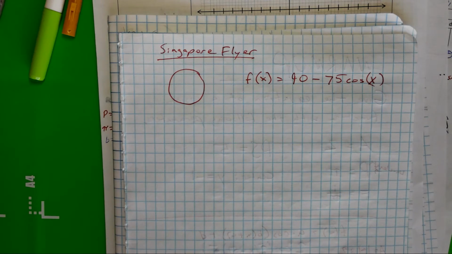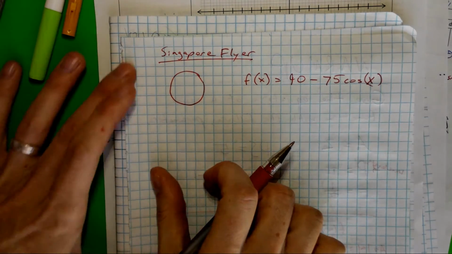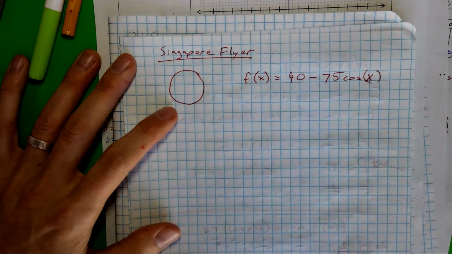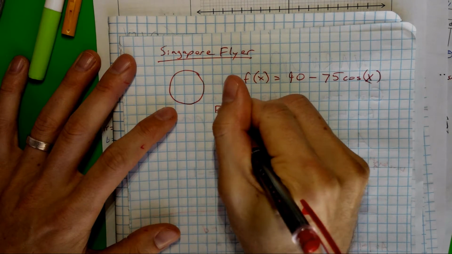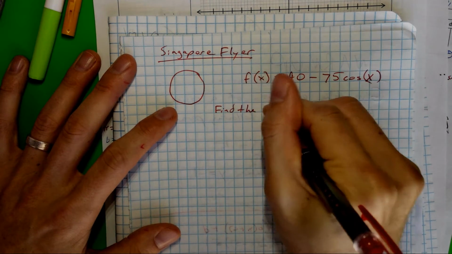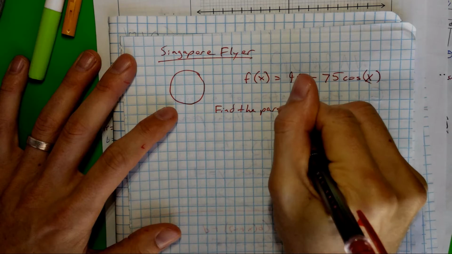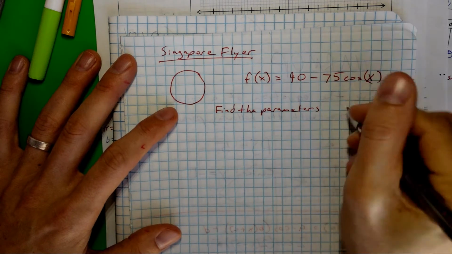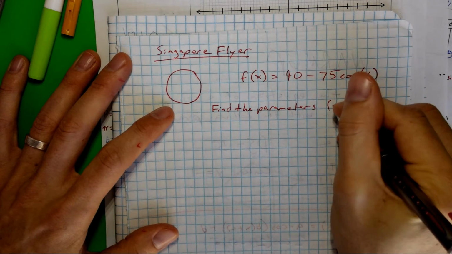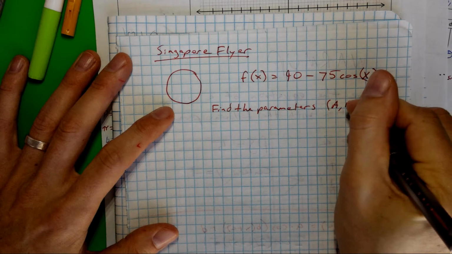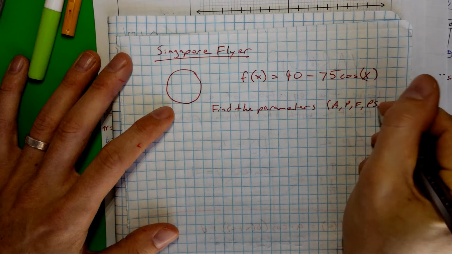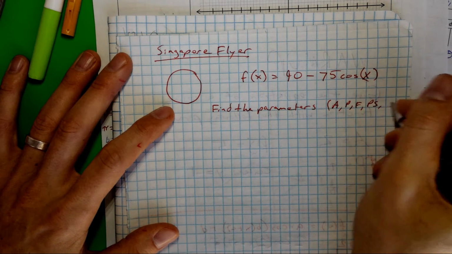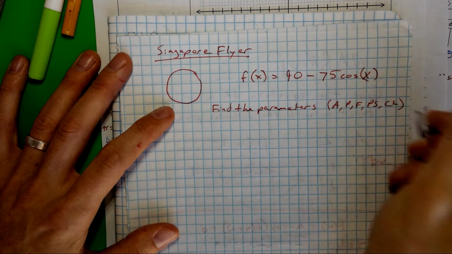So I want to find the parameters of this equation right here. And when I say the parameters, I'm talking specifically about amplitude, period, frequency, phase shift, and the center line.